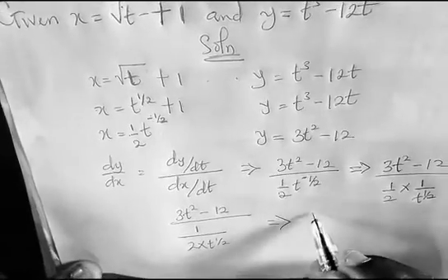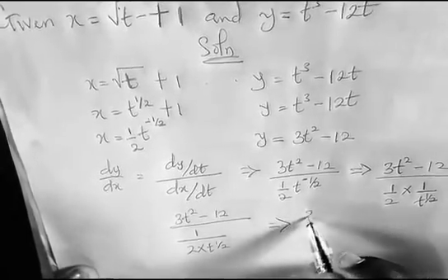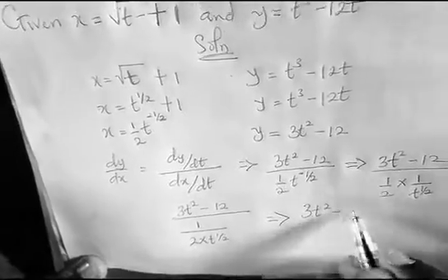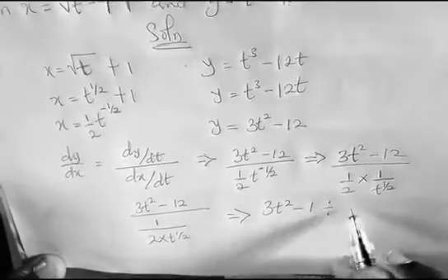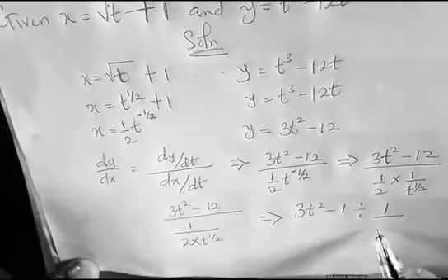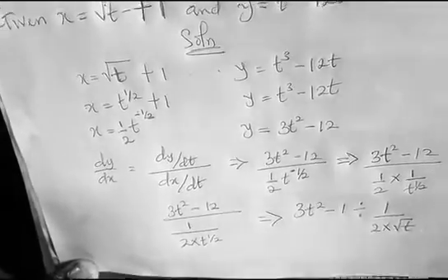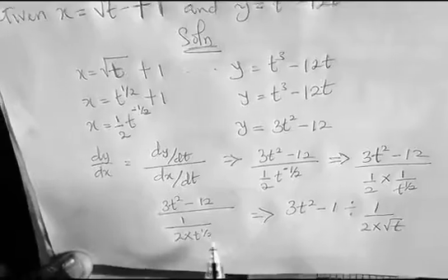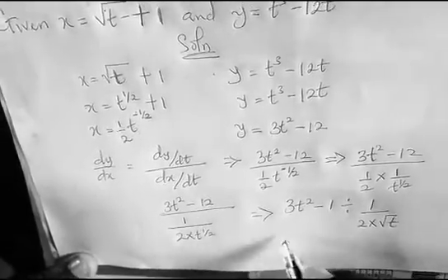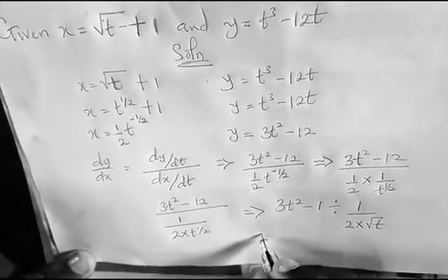And that will give us 3t squared minus 12 divided by 1 over 2 times root t. I change this back: t raised to the power 1 over 2 is the same thing as root t.